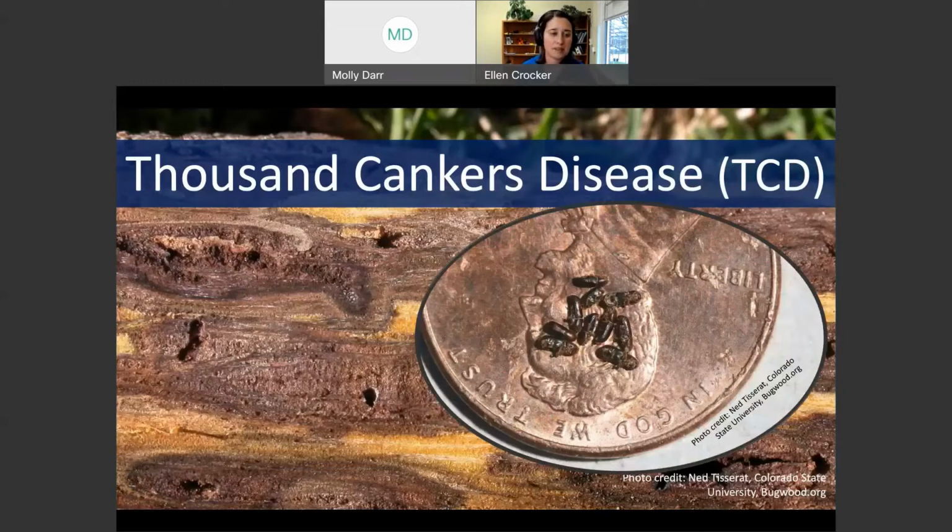So when we think about preventing the spread of thousand cankers disease or any other number of pathogens or insects, it's really hard to tell if something is infected or infested visually. You would easily miss this damage just under the bark. Kind of one of the reasons why preventing the accidental movement of firewood and contaminated materials is so important.